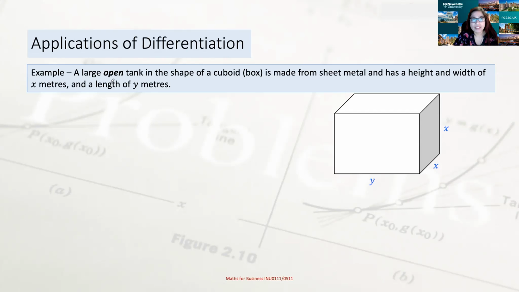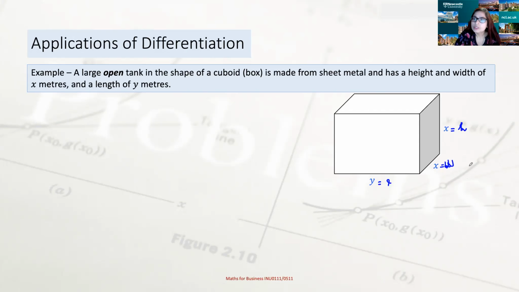Our first example is a large open tank in the shape of a cuboid, made from sheet metal, with a height and width of x meters and a length of y meters. These are the dimensions. Oh no, y is given as length, so let me take it as given in the question. That's the height, and that is the width.